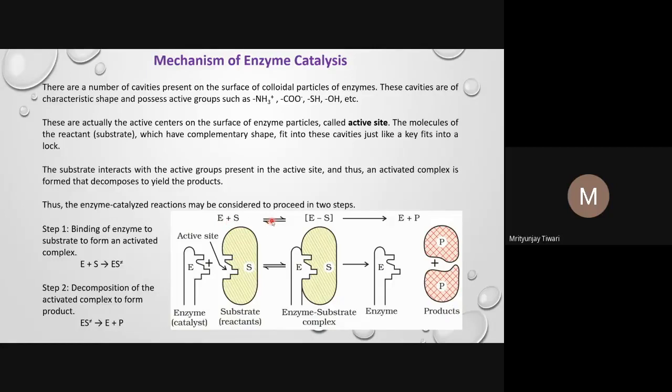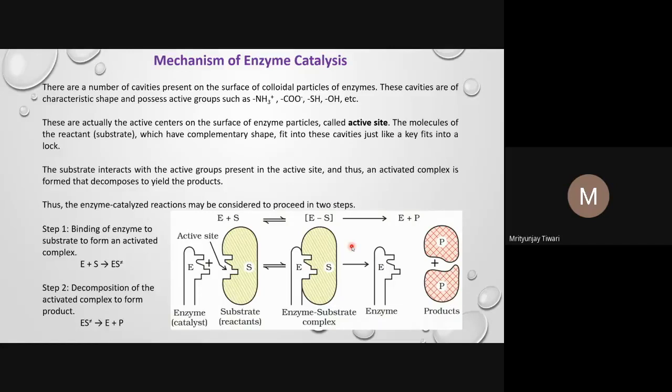One step is this, another step is this. This step is in equilibrium, so the enzyme interacts with the substrate and the formation of the enzyme-substrate complex is in equilibrium, and then the next step goes in the forward direction. Based on this one can also find out the expression for the rate constant and so on.